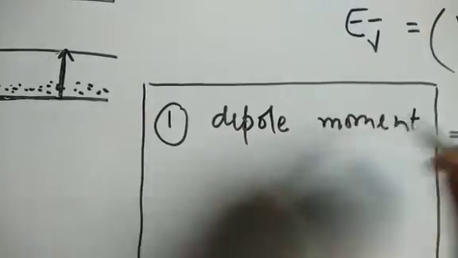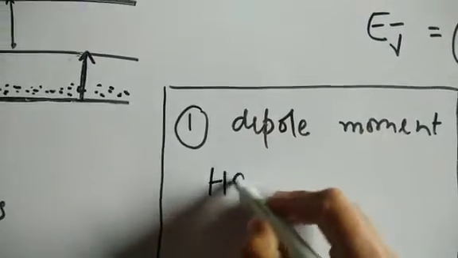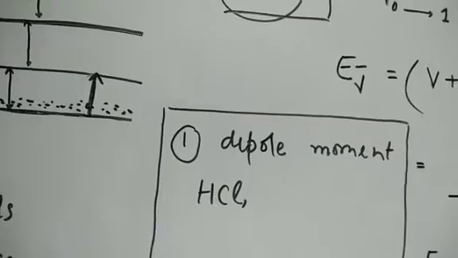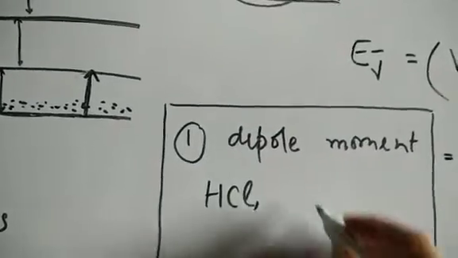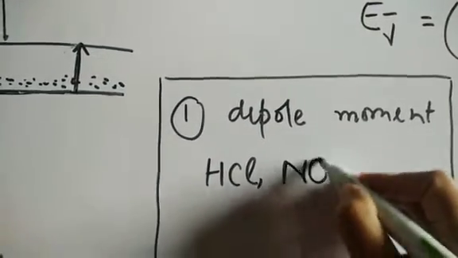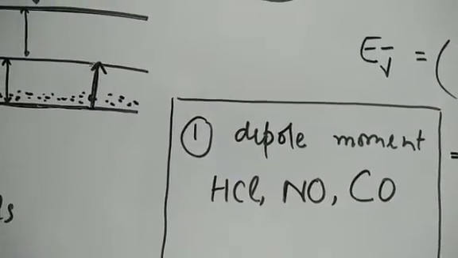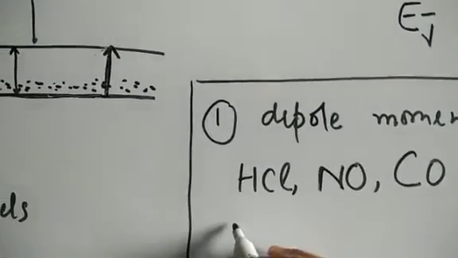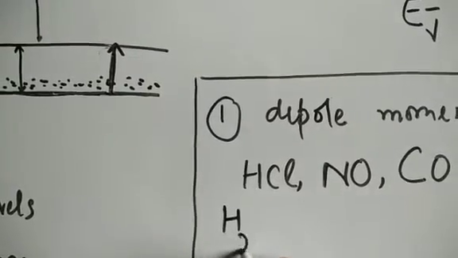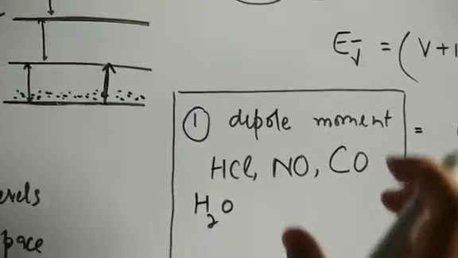That molecule should be polar, like HCl, like NO, like CO, water, and so on. So they have a dipole moment, so they will be active in the IR spectroscopy.